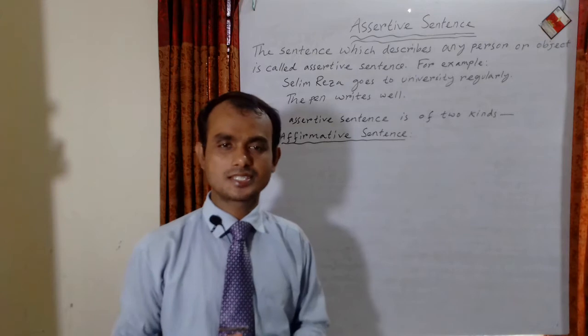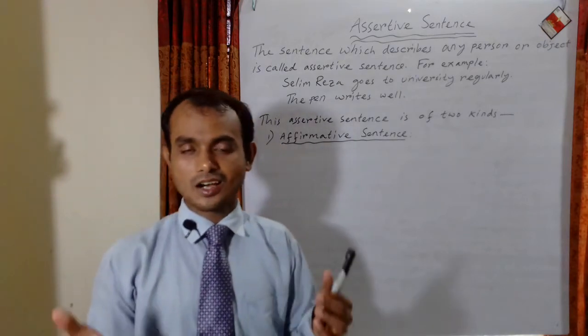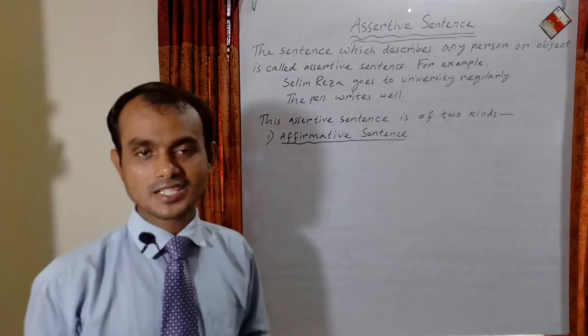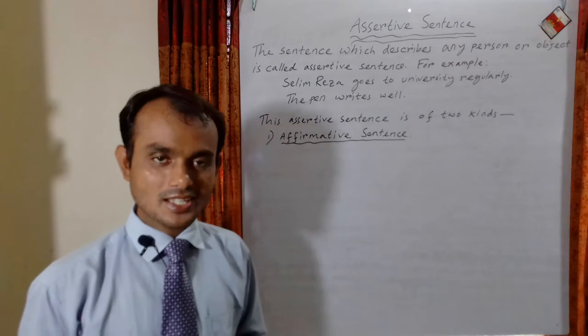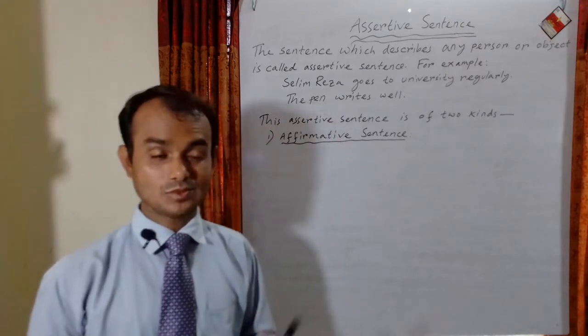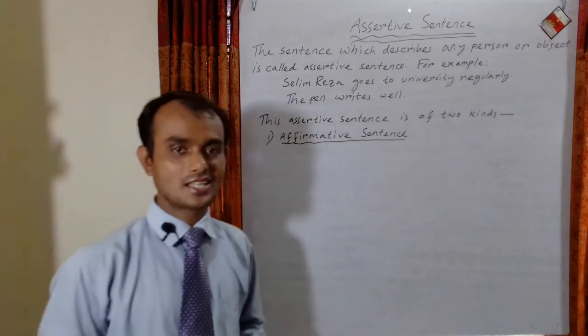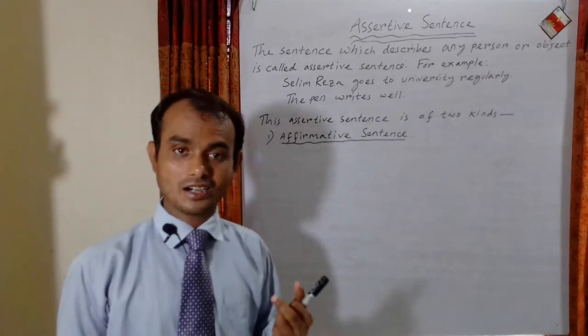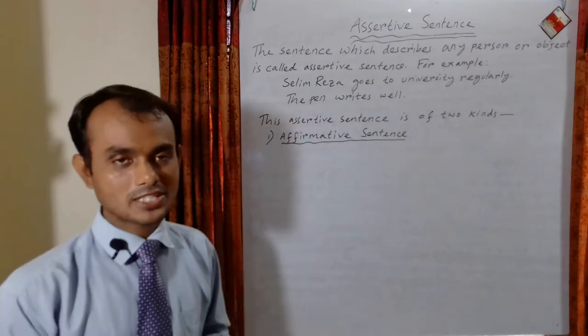Assertive sentence, statement sentence or declarative sentence is of two kinds. One is affirmative sentence, another is negative sentence. What is affirmative sentence? The sentence which describes a person or an object positively is called affirmative sentence.